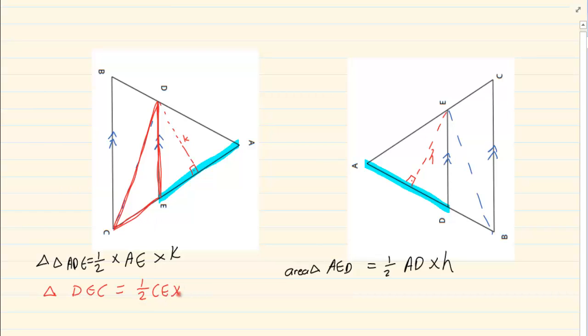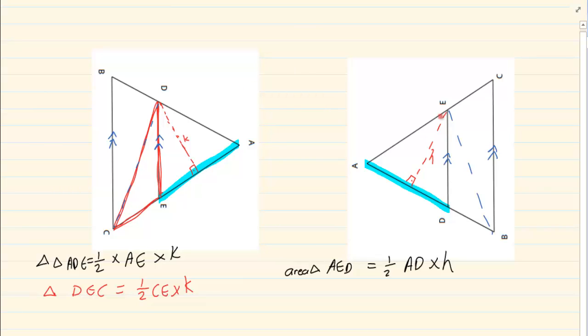And what is my height of triangle DEC? Can you see the height is exactly the same K? Because remember, the height of the triangle can be outside of the drawing, and that is what you're doing. Can you see? If you look at this triangle, then there's my height.